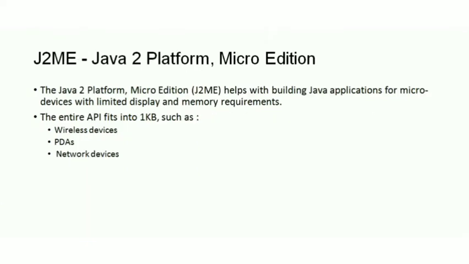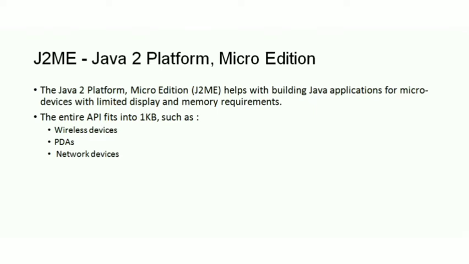Next is J2ME. J2ME is defined as the Java 2 platform micro edition. It helps in building Java applications for micro devices with limited display and memory requirements. All the mobile applications are contained in J2ME. In this edition, some APIs are there, and it fits into 1 KB.